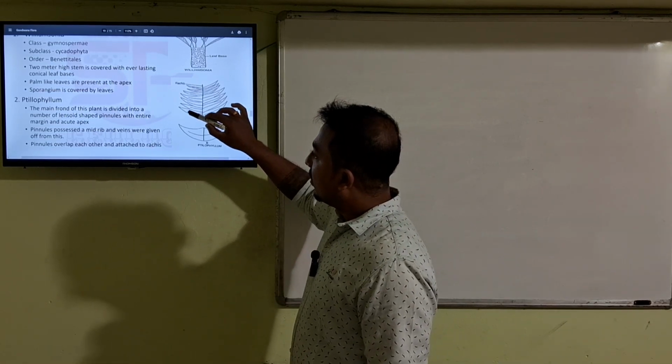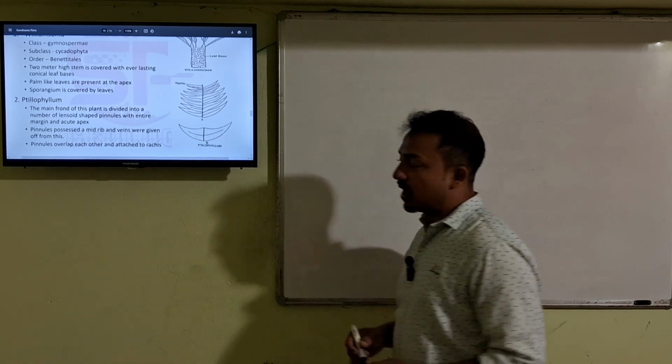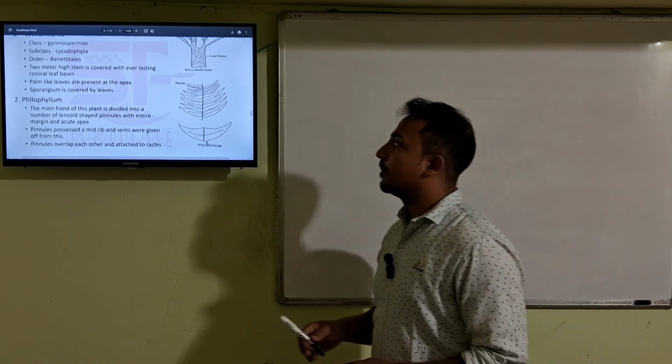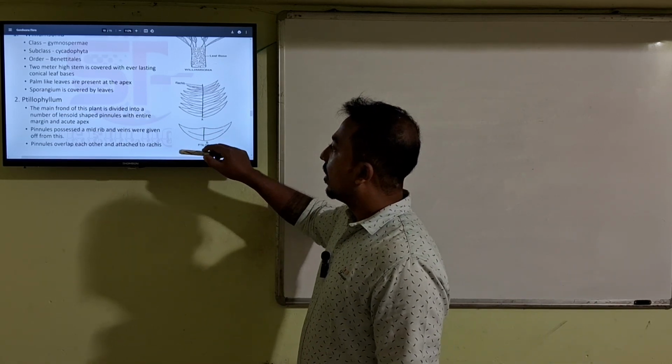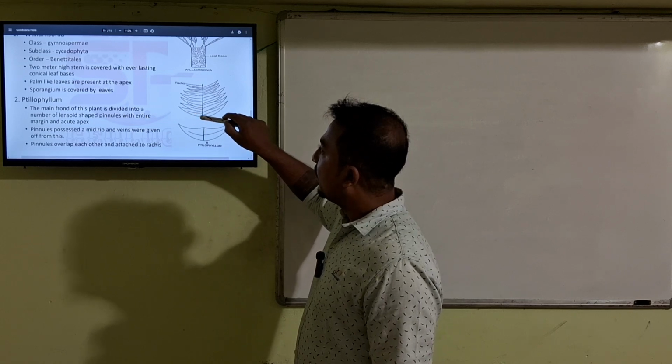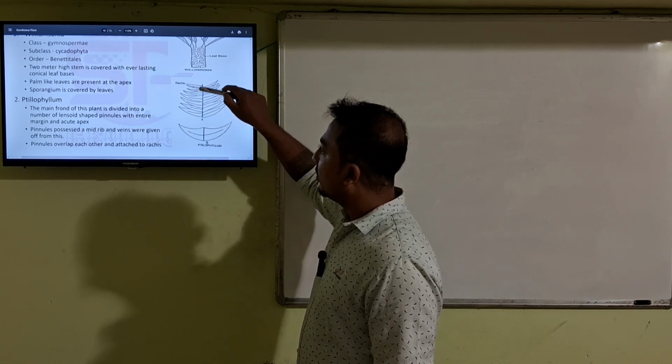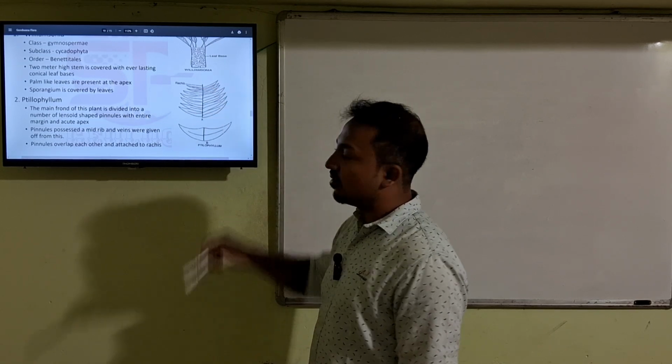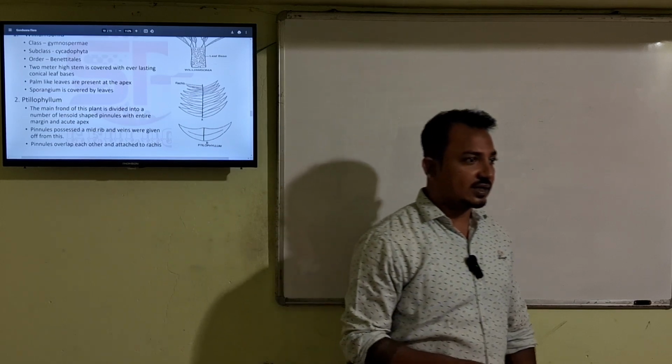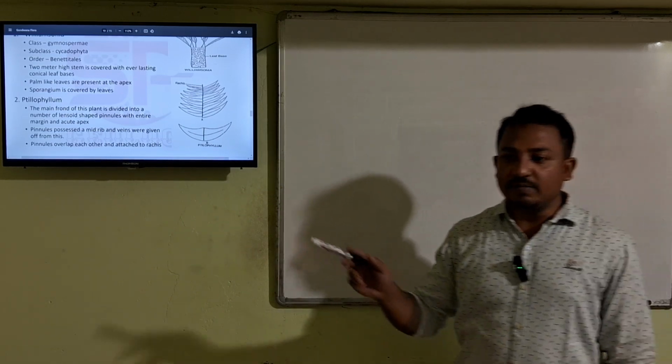The pinnules also have a midrib, and they are joined to a common pillar-like structure here, called the rachis. So Ptilophyllum is a leaf.